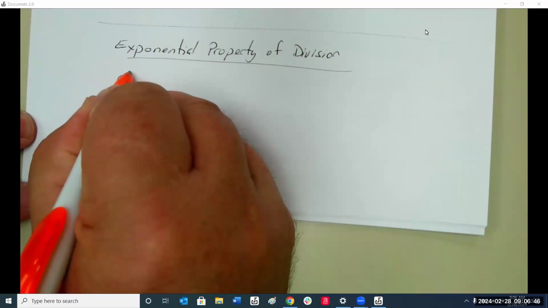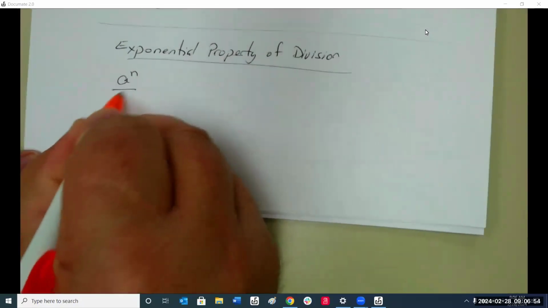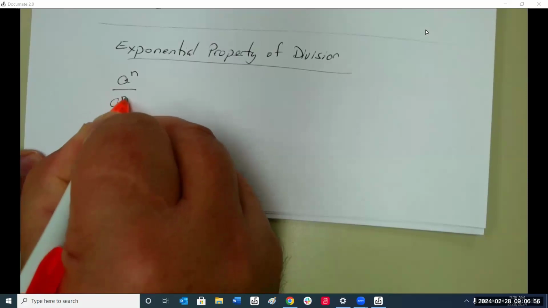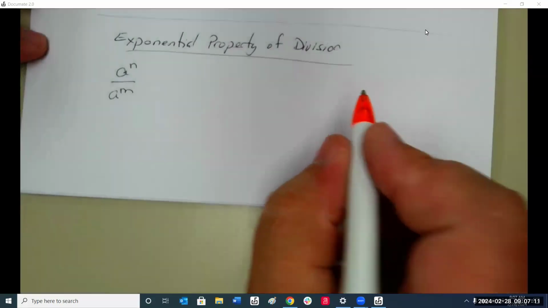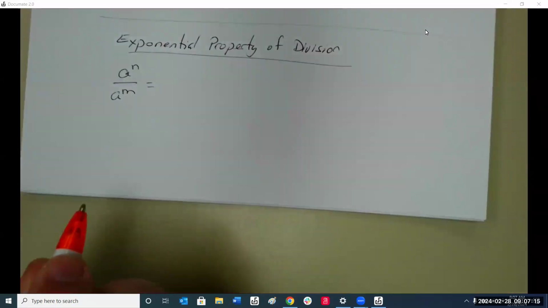Exponents look like this: a number raised to a power. So if I am dividing two numbers like that, what happens here?